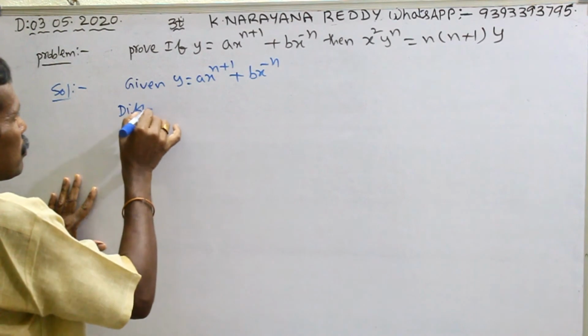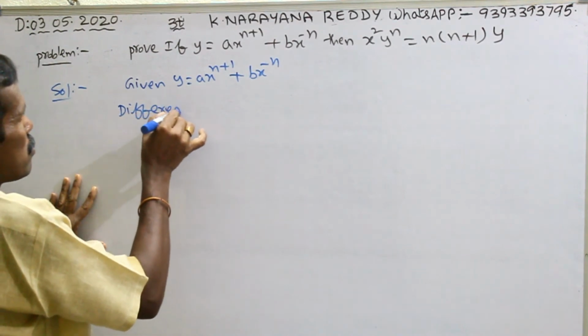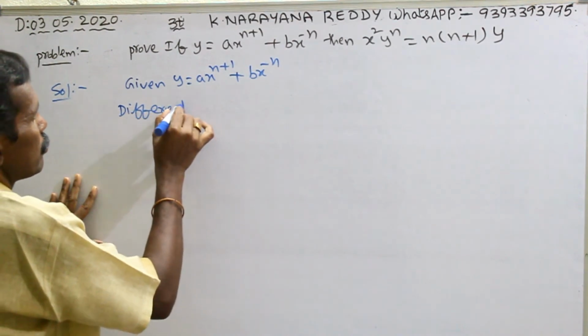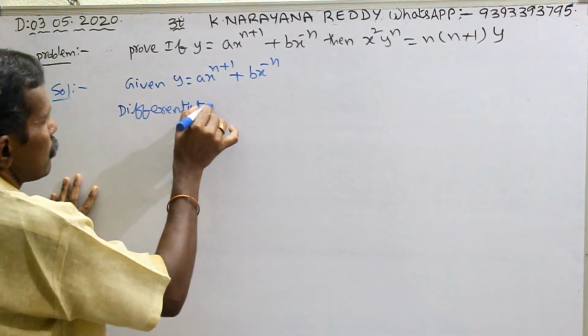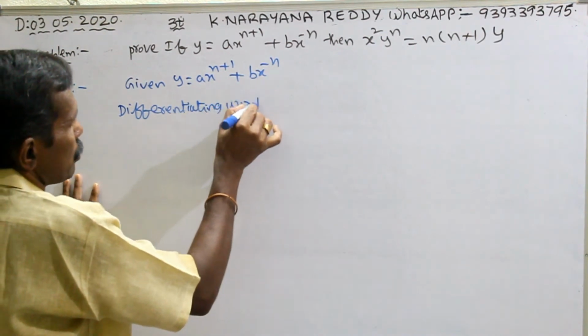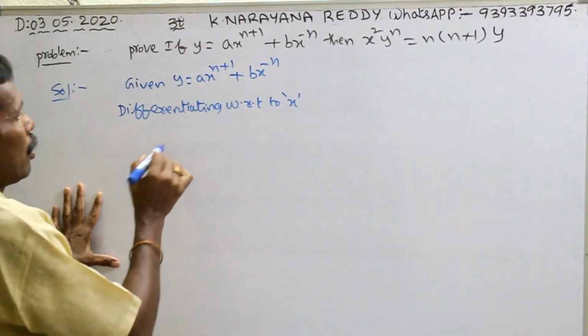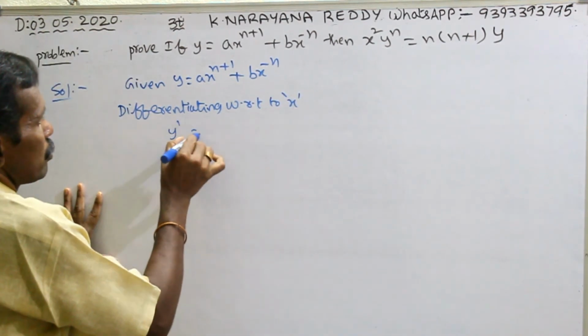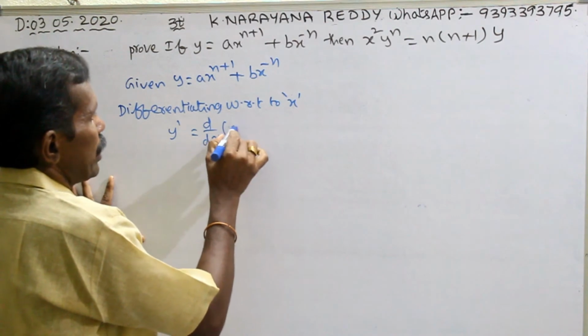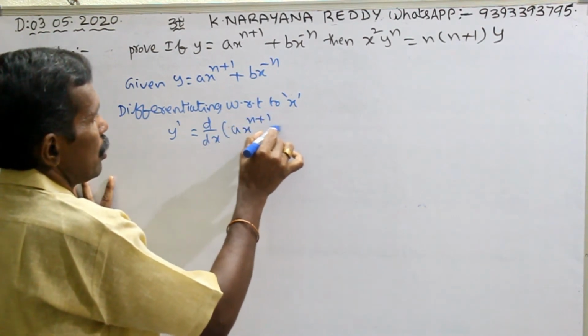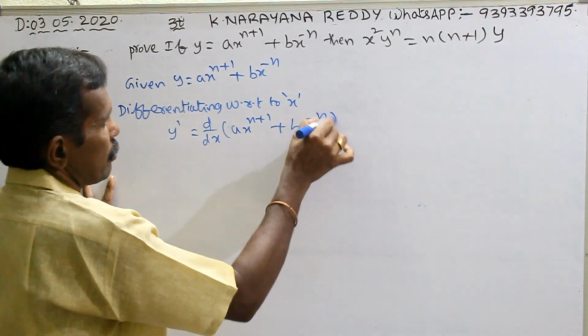Differentiating with respect to x. Now y dash equals d/dx of a x to the power of n plus 1 plus b x to the power of minus n.